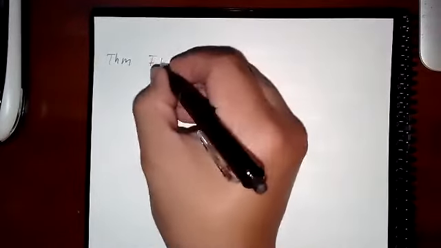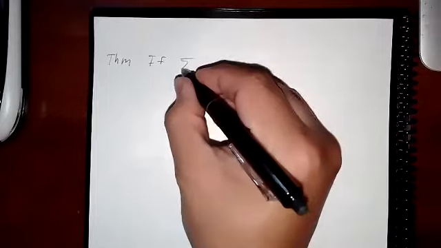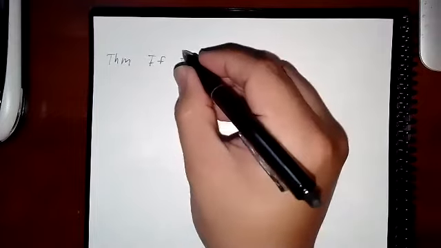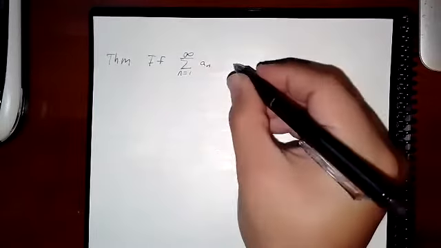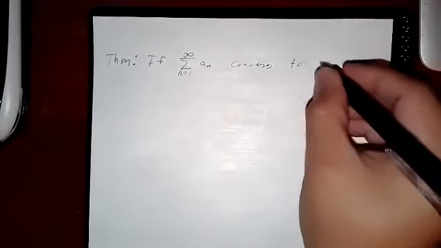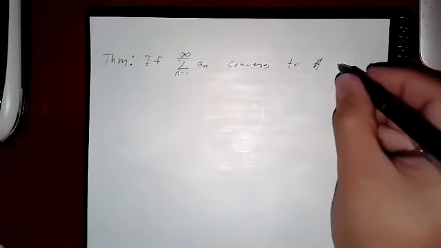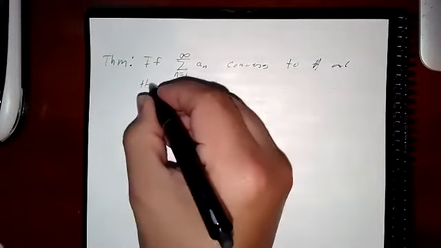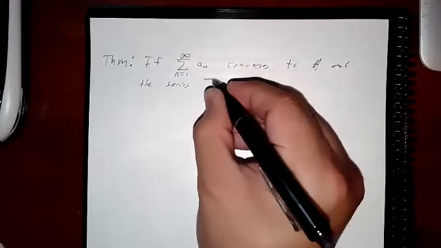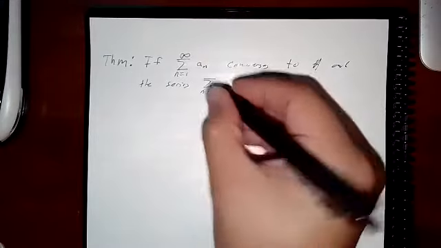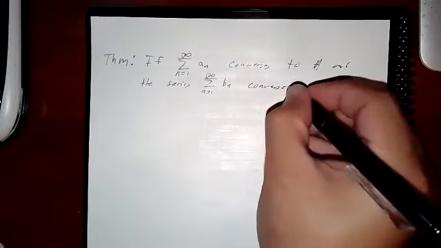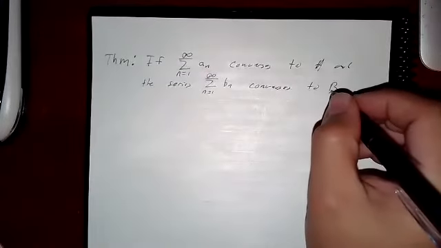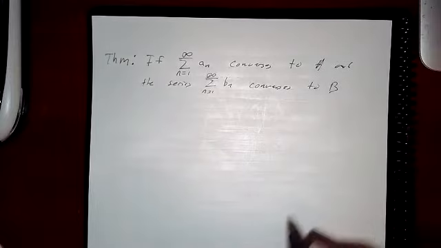So if the series from n equals 1 to infinity of a sub n converges to A, and the series from n equals 1 to infinity of b sub n converges to B, then the following is true.